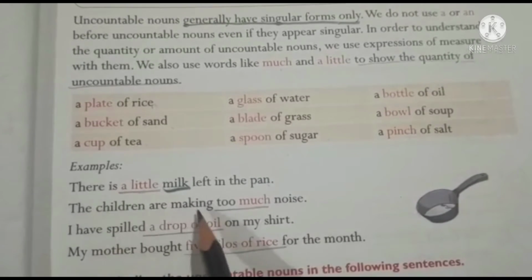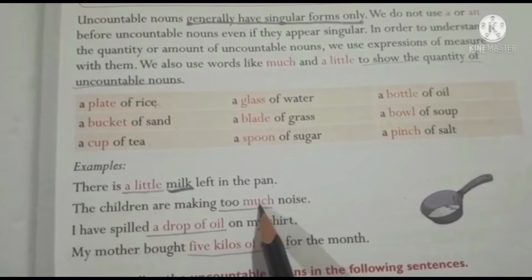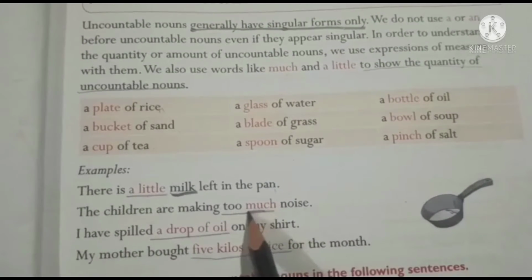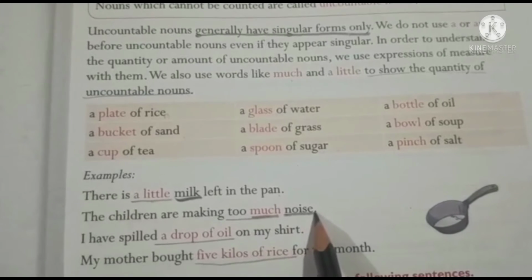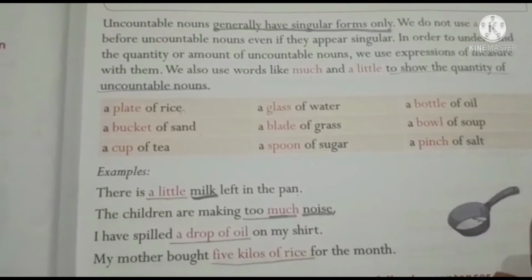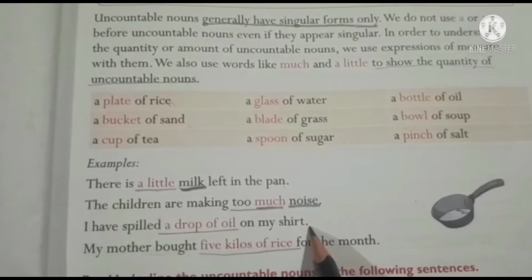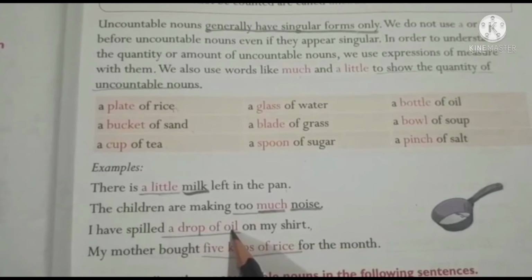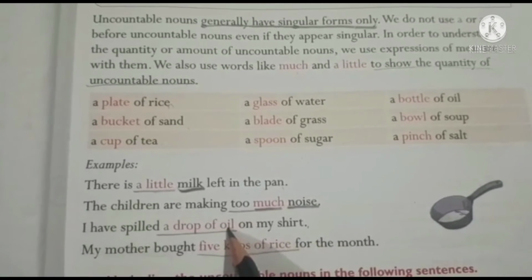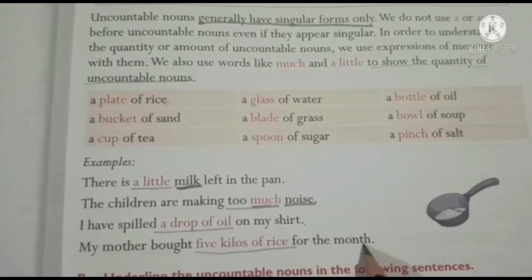Next is, the children are making too much noise. So we have used the words too much here, you can see. And noise is the noun here, an abstract noun. I have spilled a drop of oil on my shirt. So we have used a drop of with the uncountable noun oil. My mother bought 5 kilos of rice for the month.